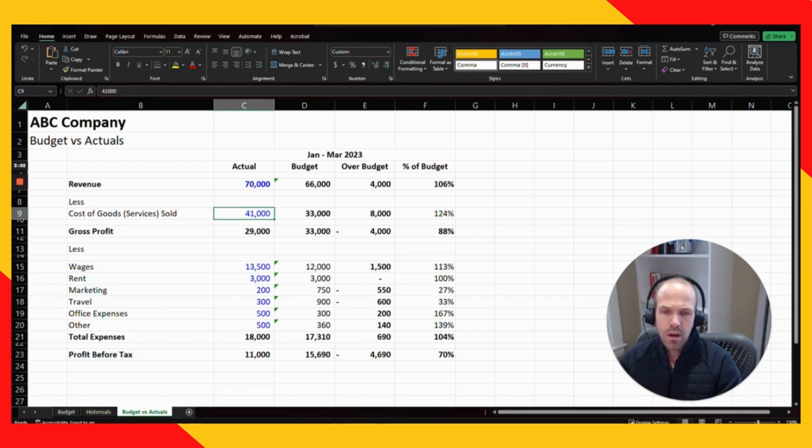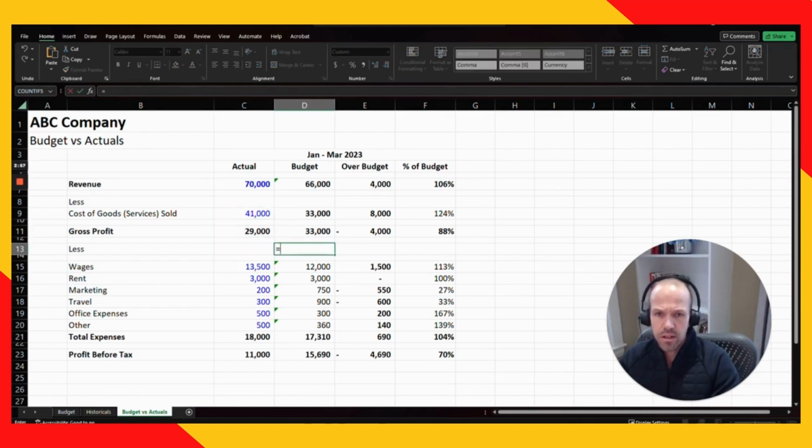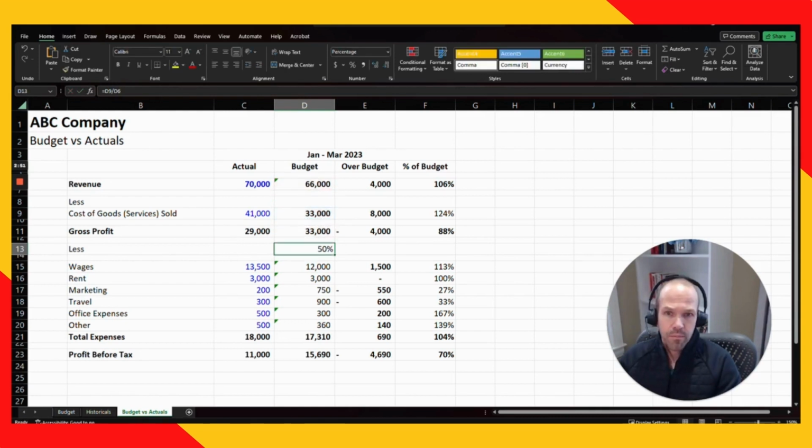So what I like to do here is understand, well, what's the percentage? So let's just do a really quick percentage here. The budgeted percentage was 50%. So we just divide the cost of goods sold by the revenue. The actual percentage, so cost of goods sold as a percent of revenue, was 59%.